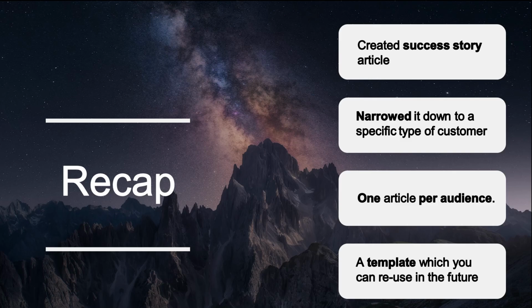We're going to create one article per audience. It's very important. Every time we want to target a new type of audience, we're going to create a different article with a different type of customer. And lastly, we created a template now, which you can reuse in the future when you get a different type of customer. You can just reuse this template, switch out some of the numbers, and it's ready to go.